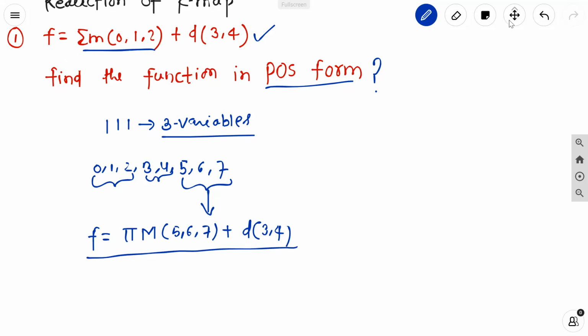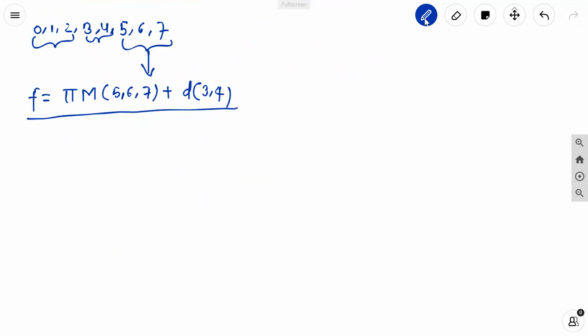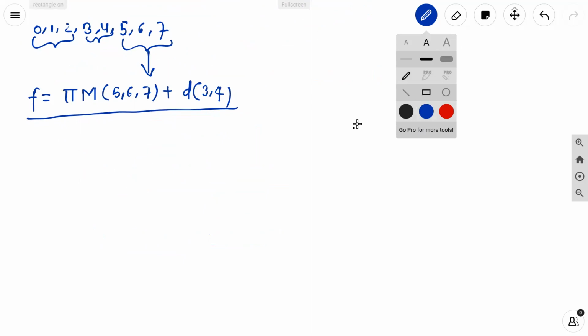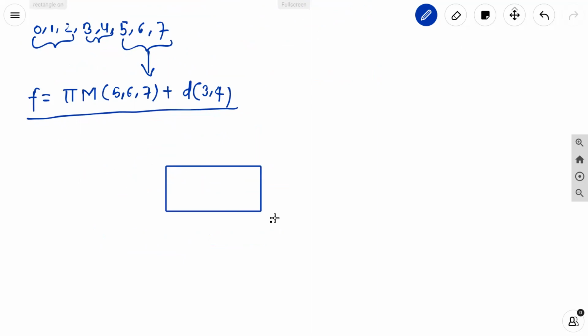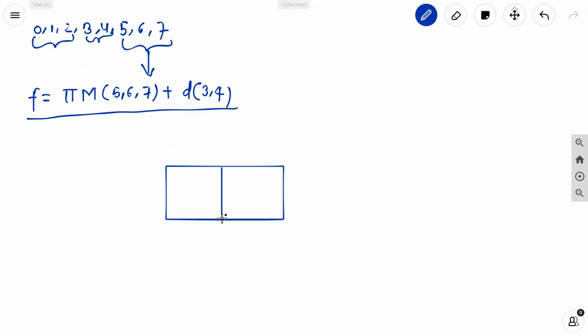Now we have to draw the K map for this, and a three variable K map is required. The concept was only about how to find the max terms from the min term function. Now the question is easy.